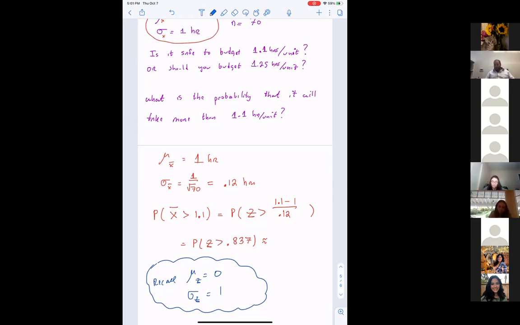So what do you get? Anyone? 0.2012. So yeah, the book gives you 0.203.